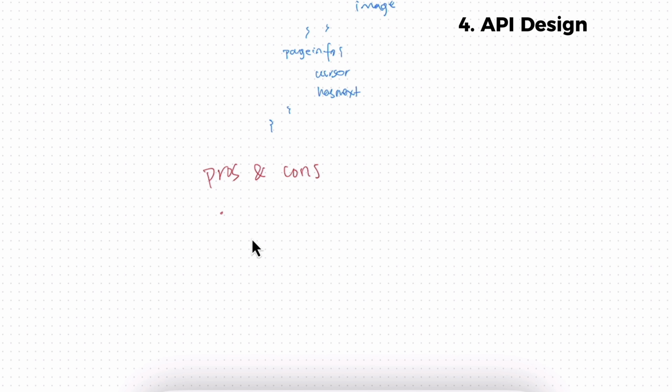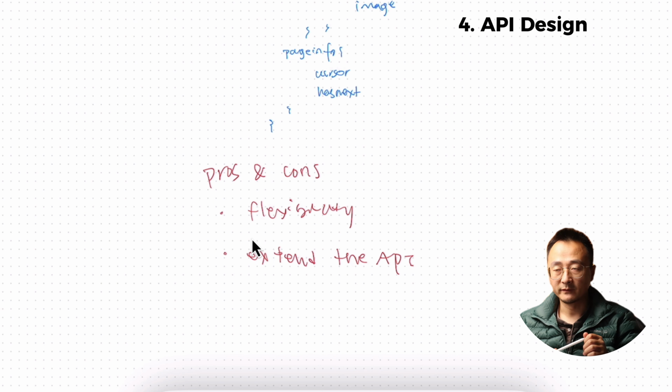and you probably will talk about flexibility, how easy you want to extend the API as you go. For example, you want to extend the search a little bit more. Before, you don't have the pagination, and you want to add pagination, how easily can you do that with RESTful API or GraphQL.